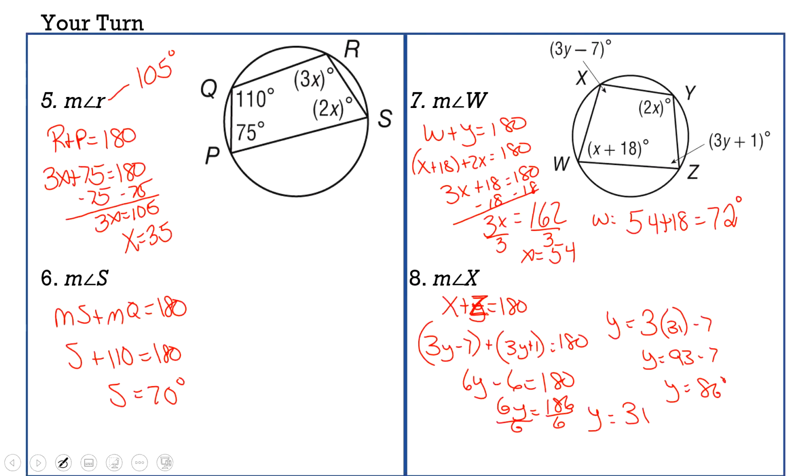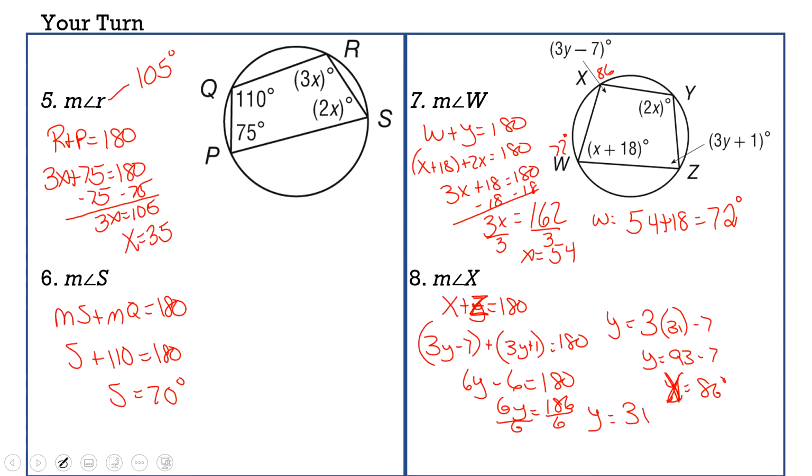If you quickly wanted to double check it, we're talking about a quadrilateral, so those angles have to add up to 360. I have one angle that is 72. Sorry, this should be angle X. Angle X is going to be 86. Hopefully this works now.